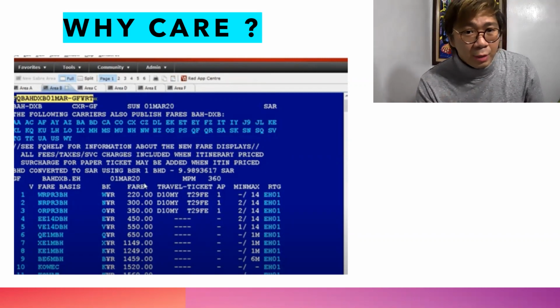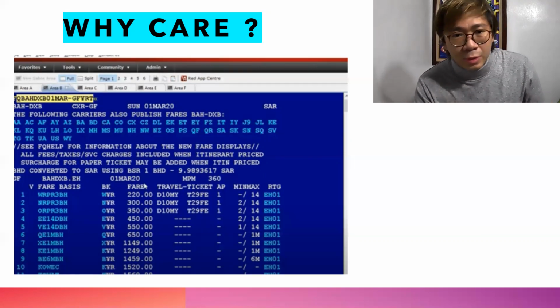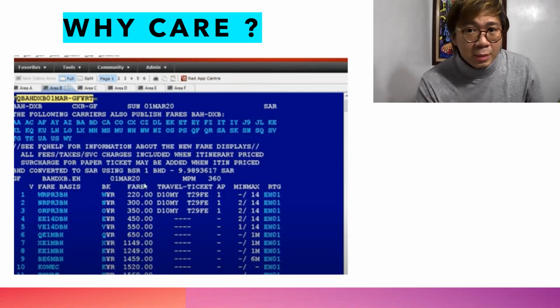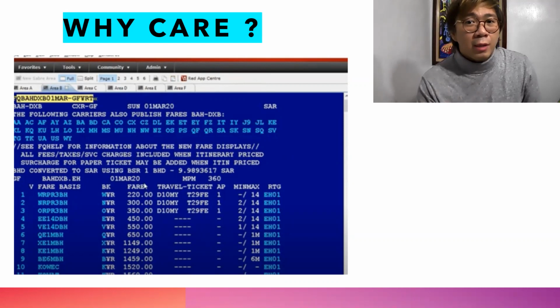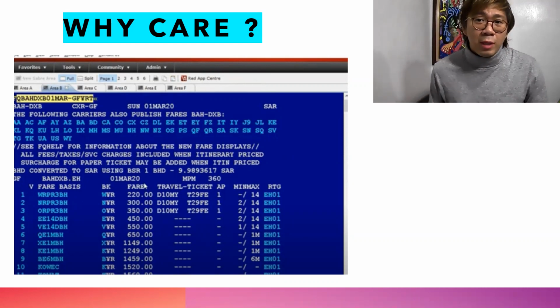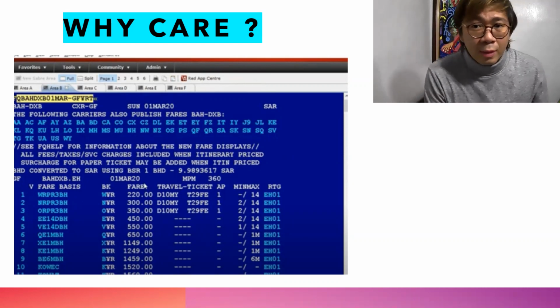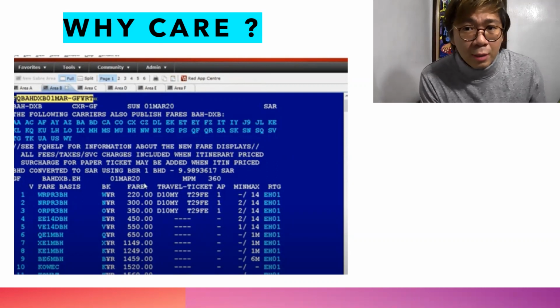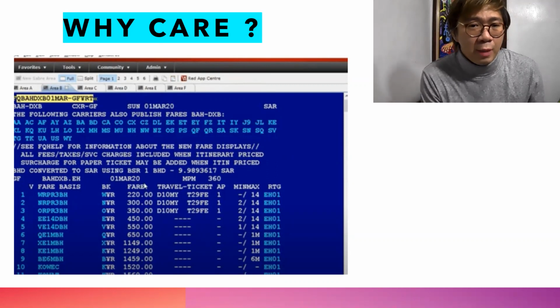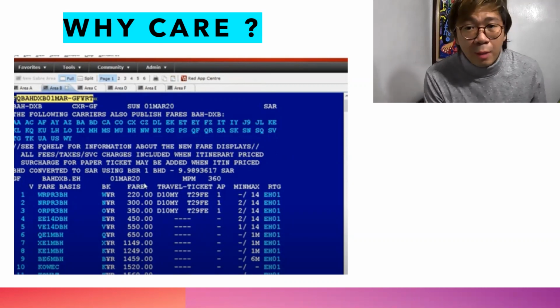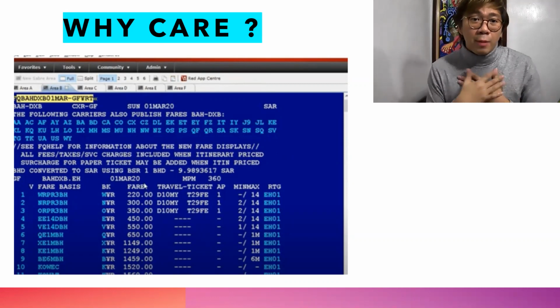Why? Because it has an indicator R, which means round trip. It also has minimum and maximum days. If it were one-way, there would be no minimum or maximum, because all one-way tickets are valid for one year. Only round trip has minimum and maximum days. So I already know.